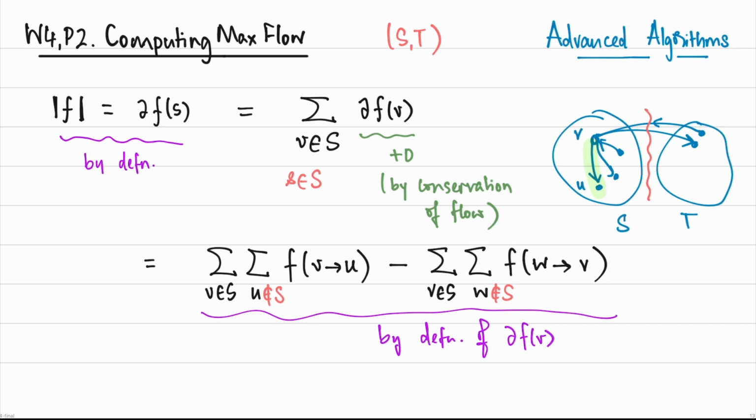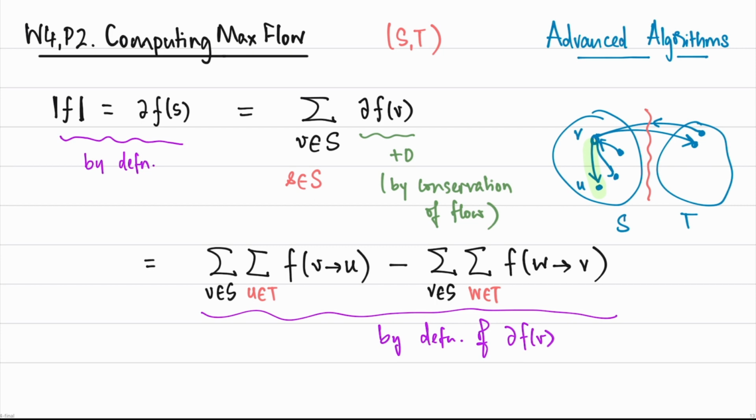But notice also that U not in S is the same as saying that U belongs to T, because an ST cut is a partition of the vertex set into these two parts S and T. If you are not in S, then you're definitely in T. So we might as well write this down as U in T and W in T respectively.